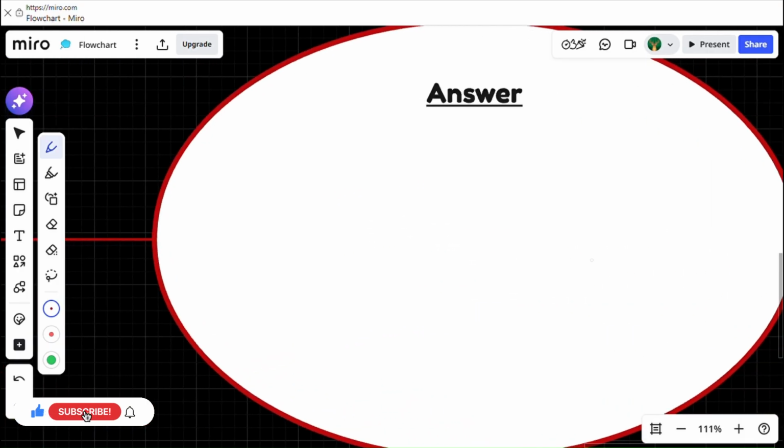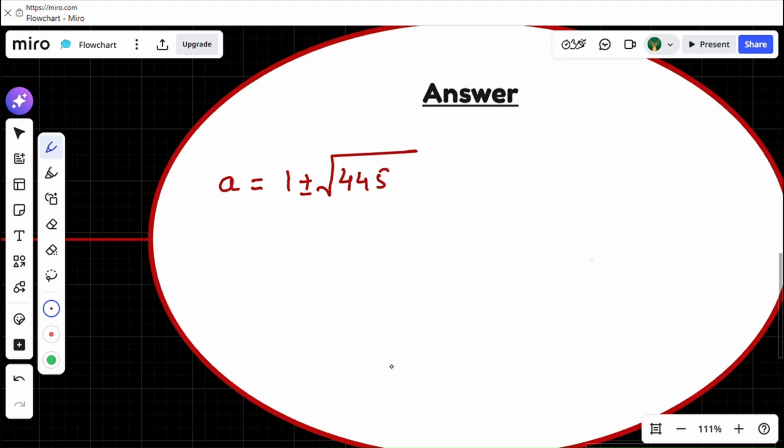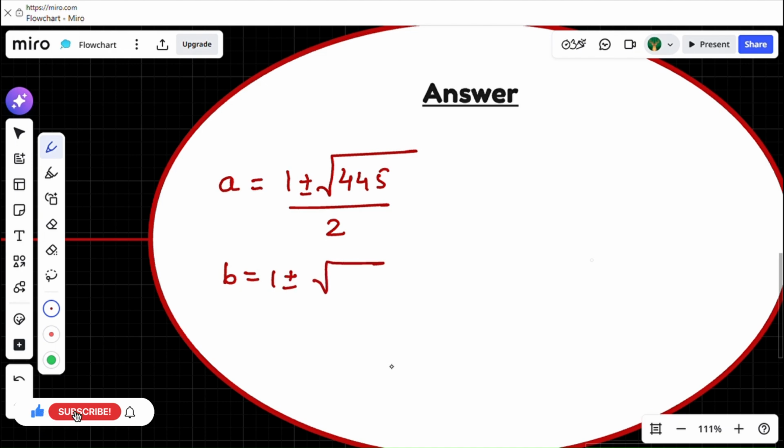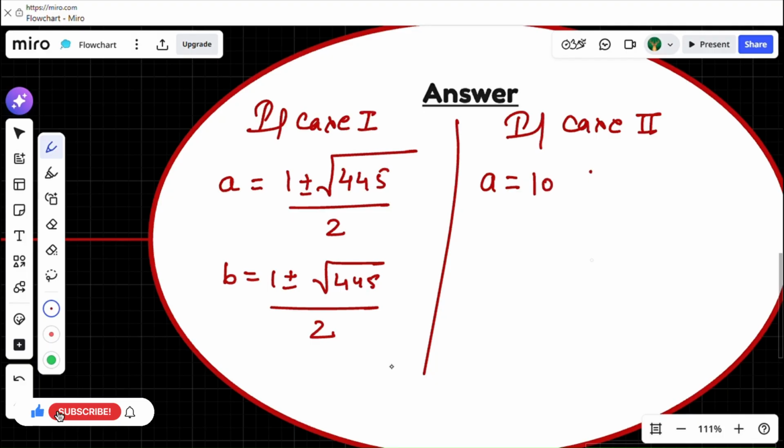So the answer will be A is equal to 1 plus minus root 445 upon 2 and B is equal to 1 plus minus root 445 upon 2 if case 1. So if case 2, A is equal to 10, so B is equal to minus 11. If A is equal to minus 11, so B is equal to 10.